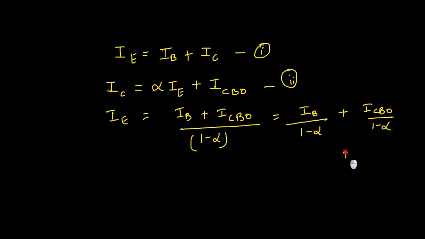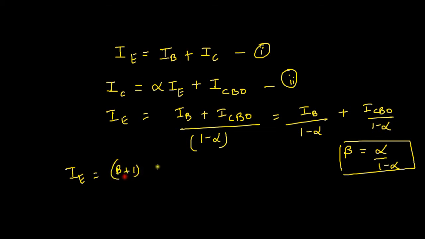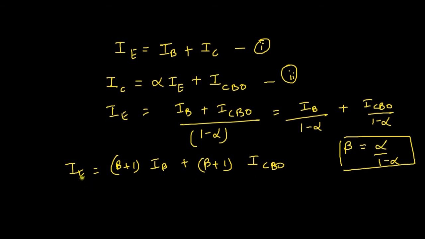There is another equation which relates beta to alpha: beta is equal to alpha upon (1 minus alpha). So using this equation, we can write IE as IE equals (beta plus 1) IB plus (beta plus 1) ICBO. Okay, so this is the equation for emitter current IE.